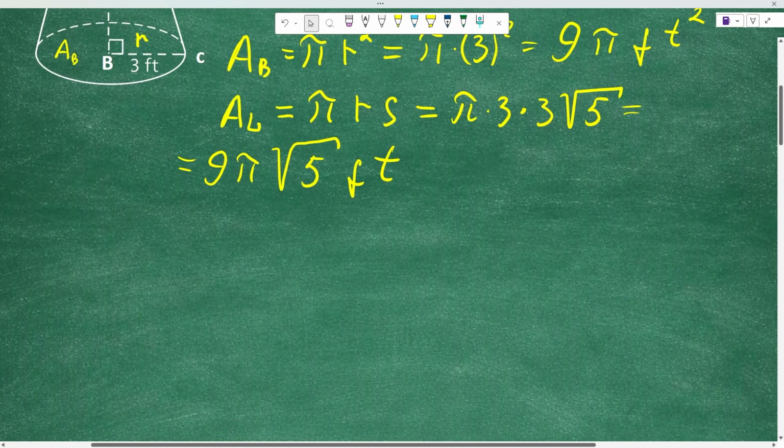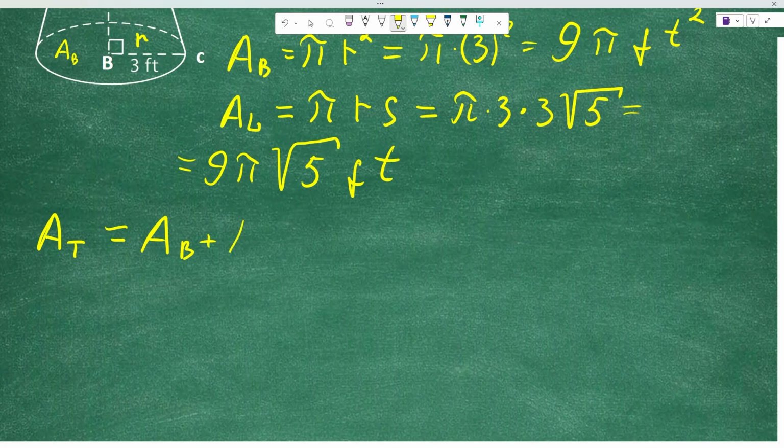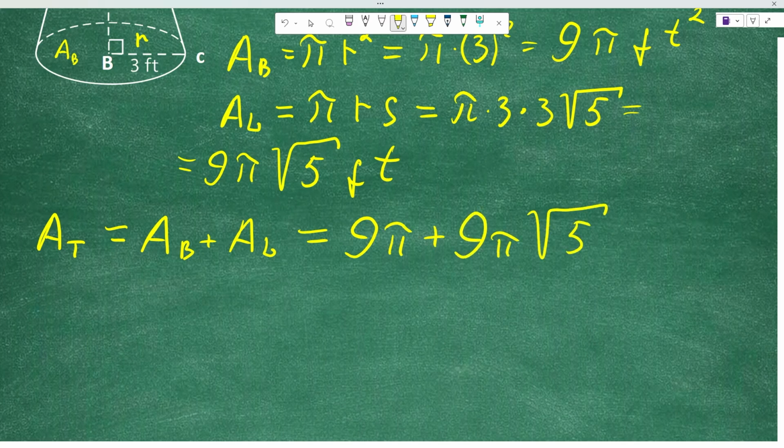Now step 3. Stick them together for a grand total. Total surface area is base area plus lateral area, which is 9 pi plus 9 pi square root of 5 square feet. Here's the major common mistake alert. You cannot simplify that expression into 18 pi square root of 5. These are not like terms.